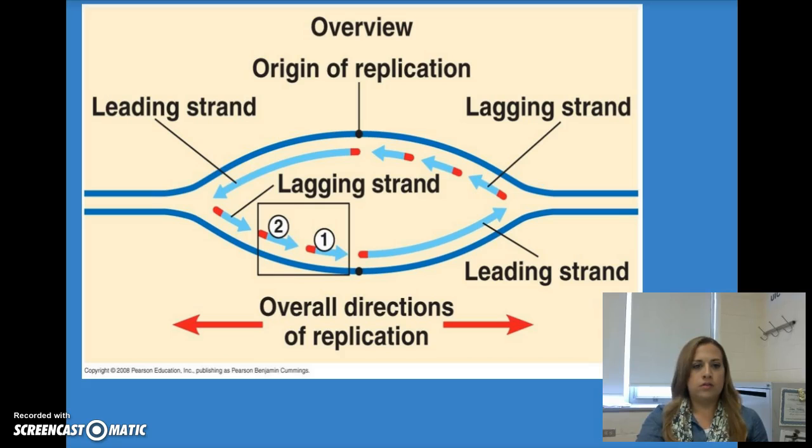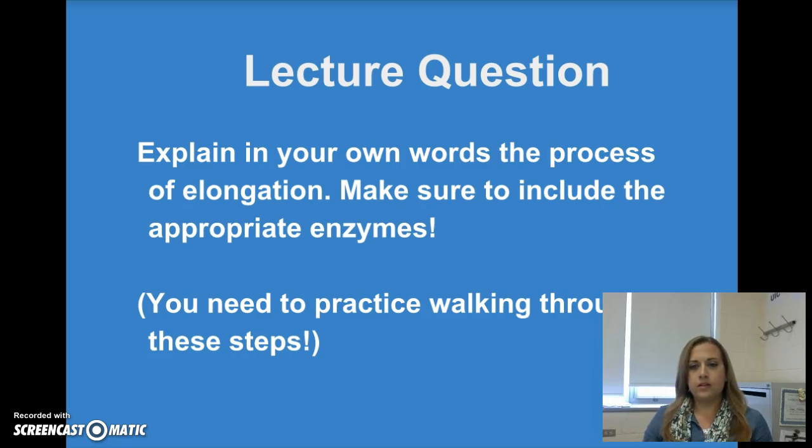So this is just an overview. Again, we have our leading strand and we have lagging strands. Remember that this is happening in 2 directions, so depending on which direction the replication fork is moving, that depends on whether you're looking at the lagging strand or the leading strand. But that's the general breakdown of elongation.